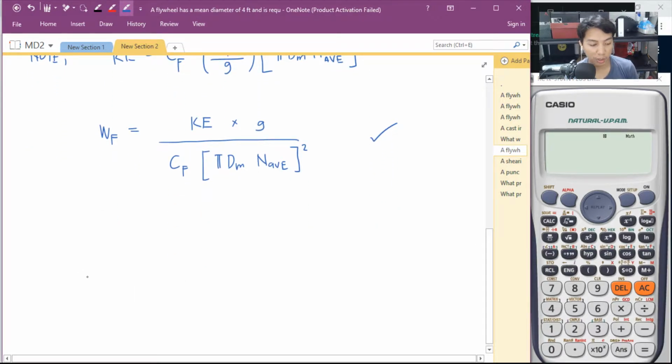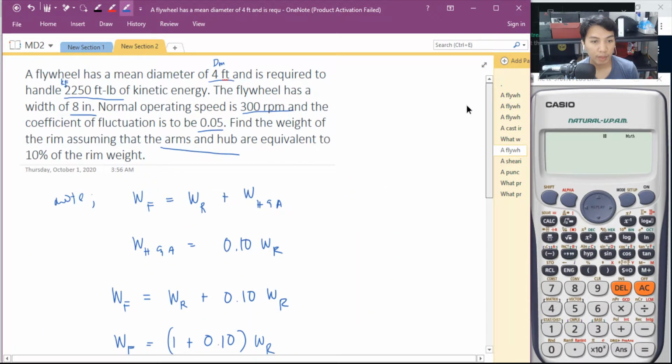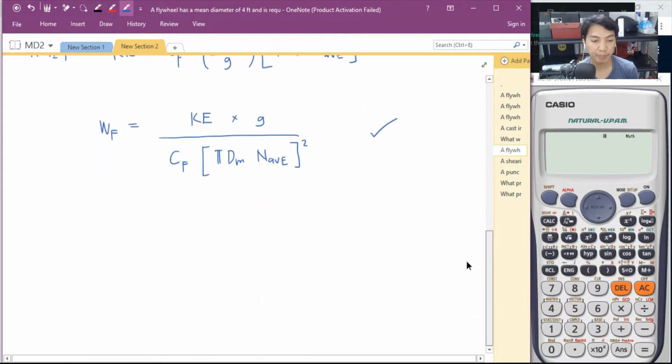Bago natin makuha yung weight ng rim, kasi ang tinatanong dito, find the weight of the rim. Okay? So, the weight of the flywheel muna. Equal to, yung KE natin is 2250 pound feet. Ano naman yung gravitational constant? Take note, the gravitational constant, enough na to, 32.2 or 32.174 feet per second squared.